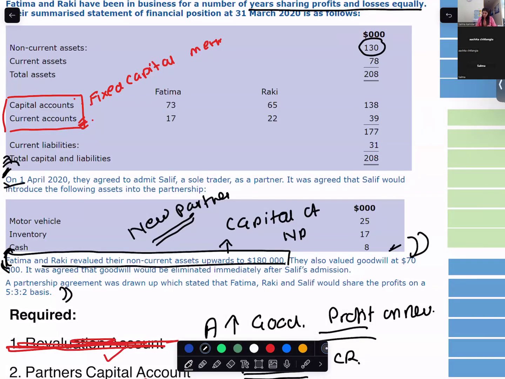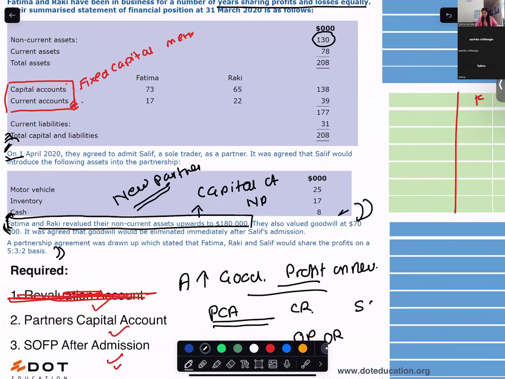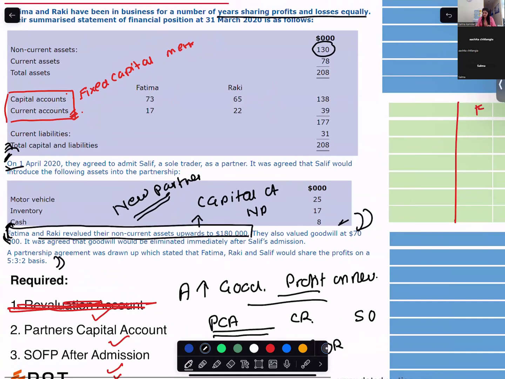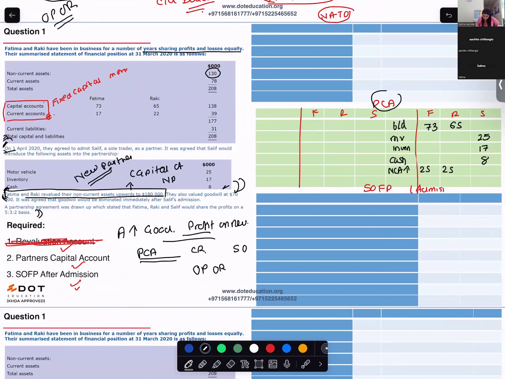So what is the profit on revaluation? 50,000. 50,000 will be distributed amongst them, 25-25. So non-current assets are revalued upwards, and 25 and 25 will go to Fatima and Rakhi.